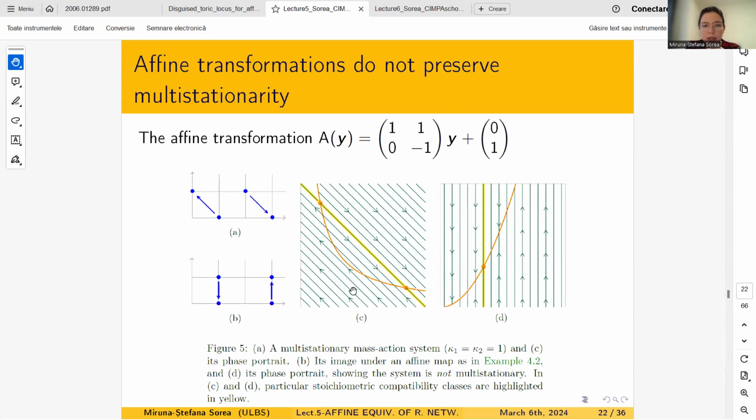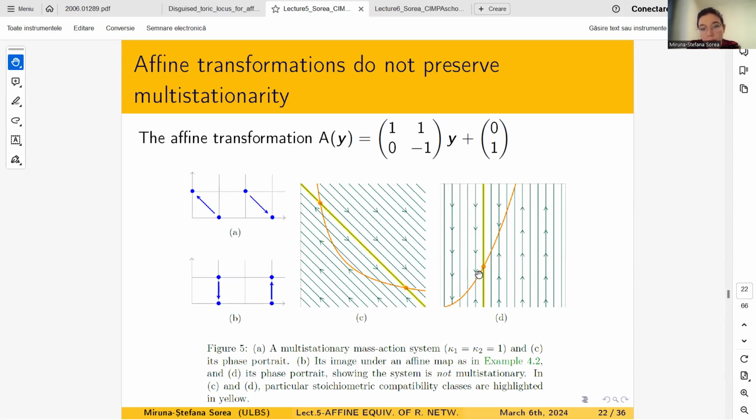With orange, it's the steady state set. Okay, and we see that in the case of the phase portrait for network A, the intersection between the steady state locus and, for instance, the yellow stoichiometric compatibility class has cardinality 2, whereas in the image under the affine map, the phase portrait shows that we don't have multistationarity at all.